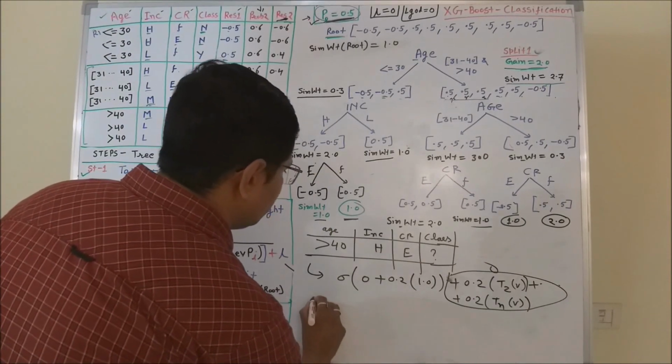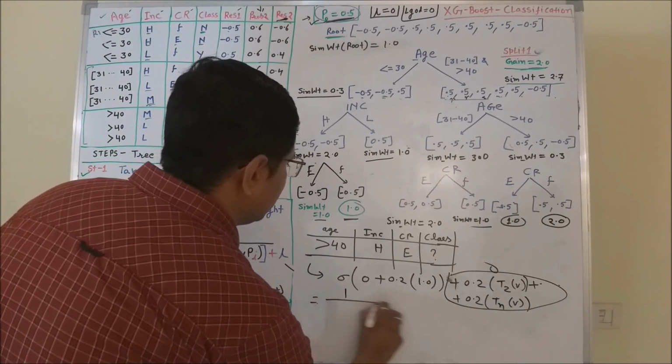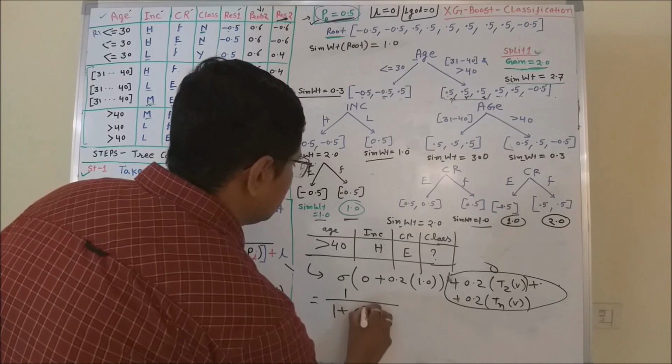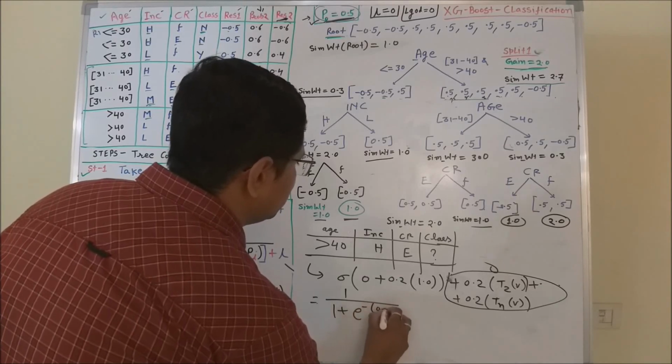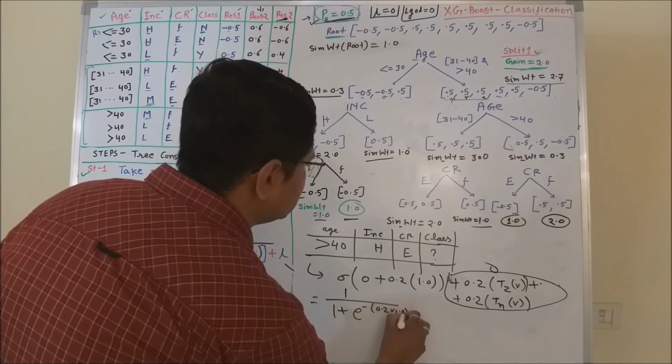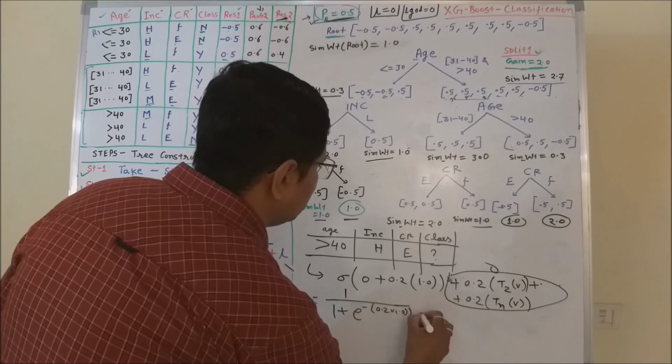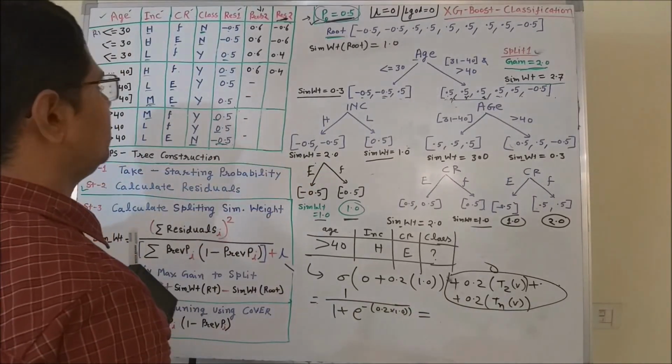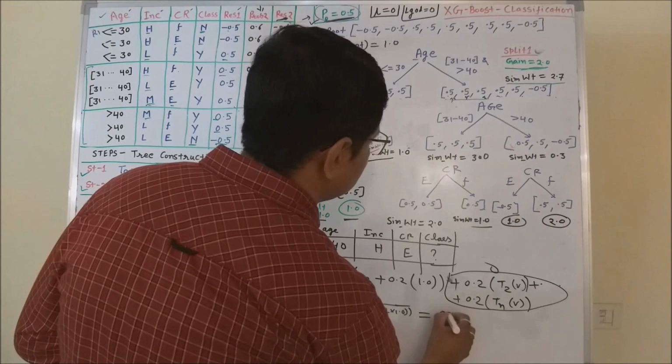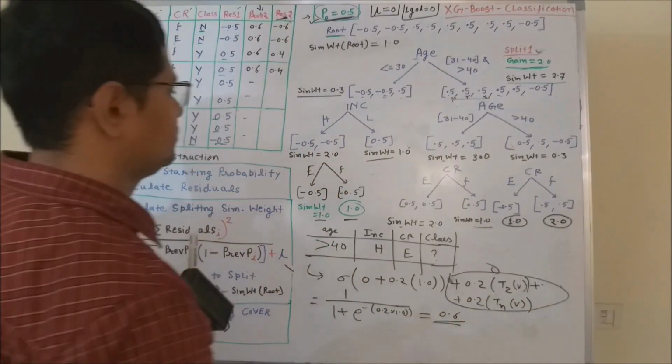So we can compute the sigmoid as 1 over 1 plus e to the power minus 0.2 into 1.0, and on solving you will get a value very similar to 0.6.